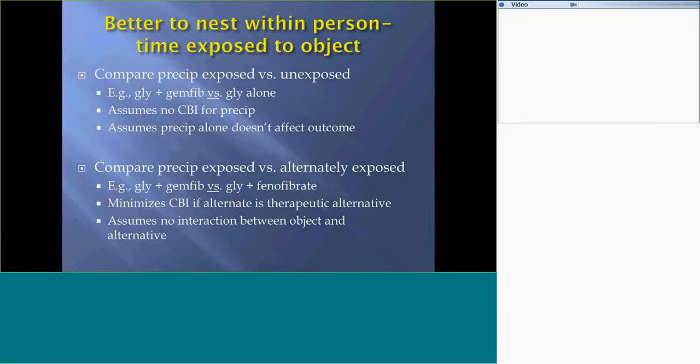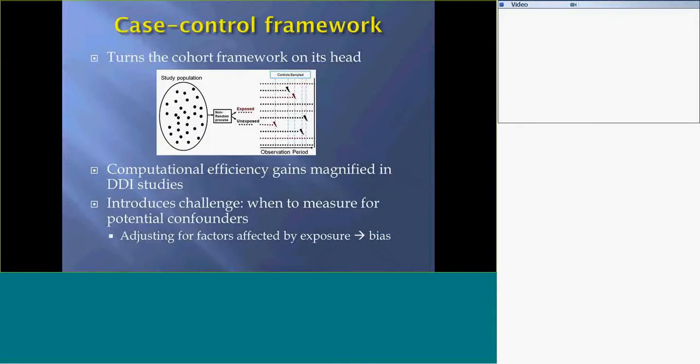So this approach would minimize confounding by indication if that alternate drug, that is fenofibrate, is a true therapeutic alternative to gemfibrozil, which it seems to be. But it also assumes no interaction between the object drug and that alternative precipitant. People could argue that fenofibrate also could interact with glyburide, so this may not be the best alternate precipitant drug.